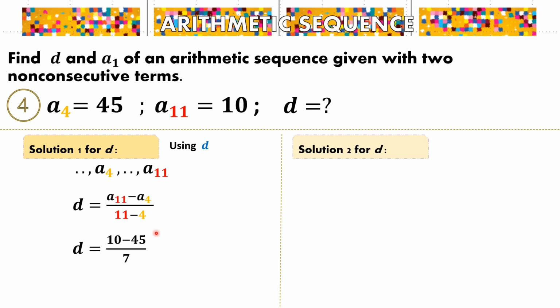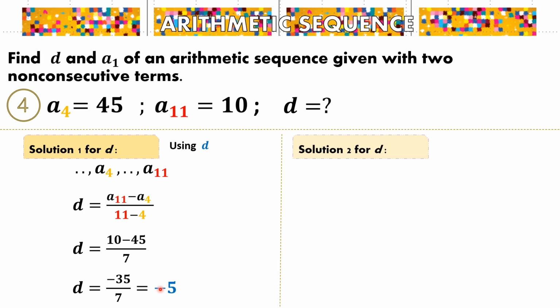So we have 10 minus 45 over 7, which is negative 35/7, and the result is negative 5.